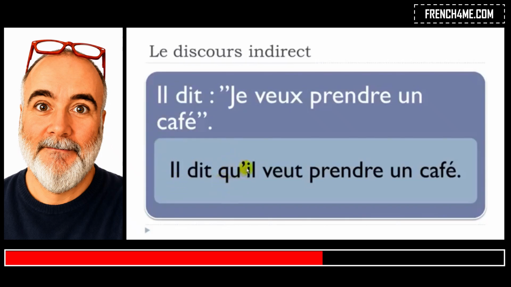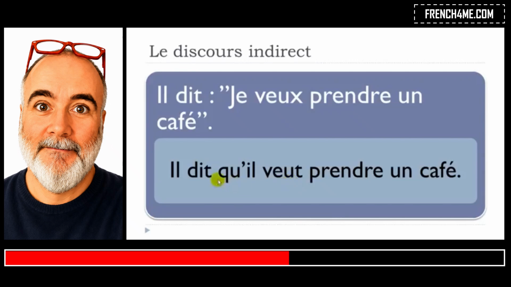So you will put this que as we had previously, and you will need to change je, you will need to change it into il, okay, because that's the subject, il. The verb should be at the third person, so have a look here. First person it's with X at the end, third person is with T at the end. Prendre un café, well, it doesn't change. So normally it's the subject and the verb that will be affected if they are, okay?